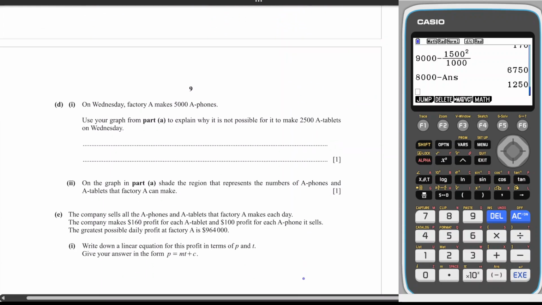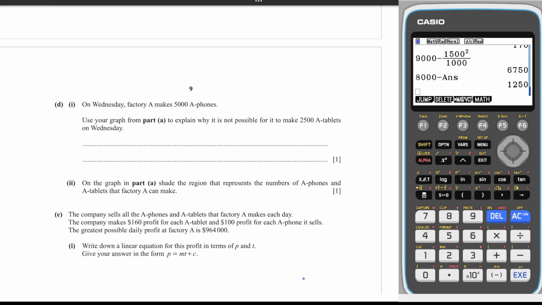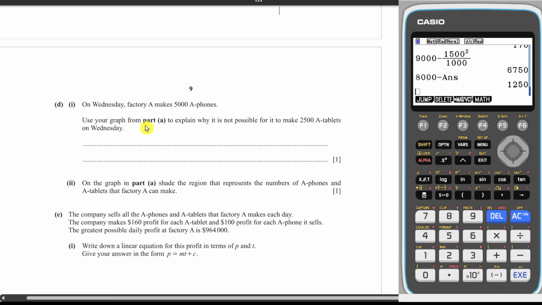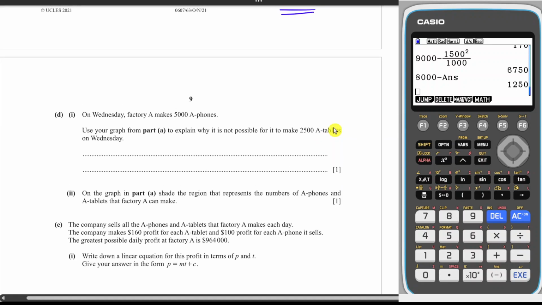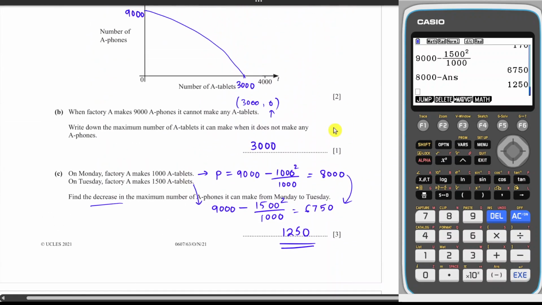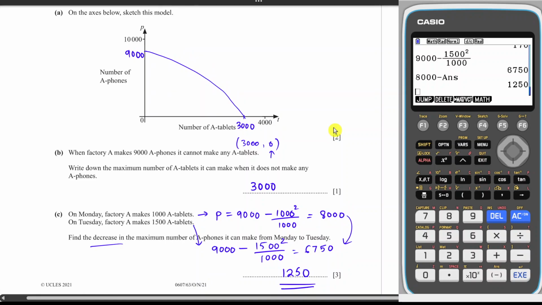Okay. So the D part, on Wednesday, factory A makes 5,000 A phones. Use your graph from part A to explain why it is not possible for it to make 2,500 A tablets on Wednesday. Okay, so if it is making 5,000 A phones, this is somewhere over here, 5,000.